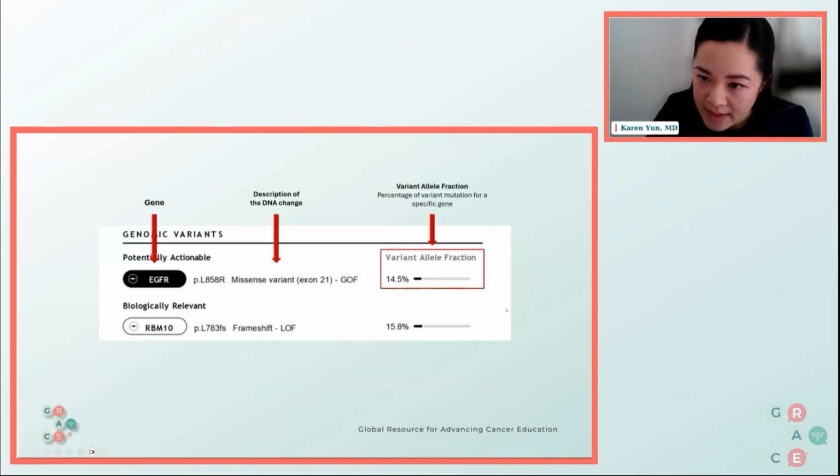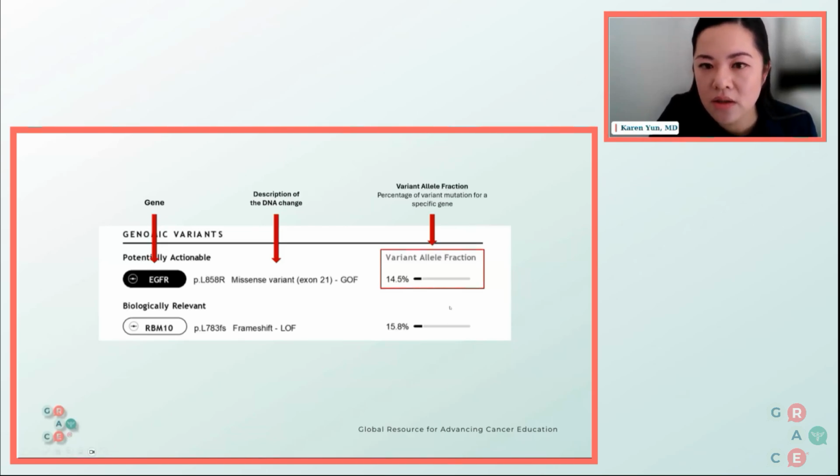And here on the right side, the report also mentions the variant allele fraction, which is the percentage of this variant mutation for the EGFR gene. And I will have to say that, as far as the details of this report, generally when we see an actionable mutation, we will think about what targeted therapy would be a good treatment option for a patient.